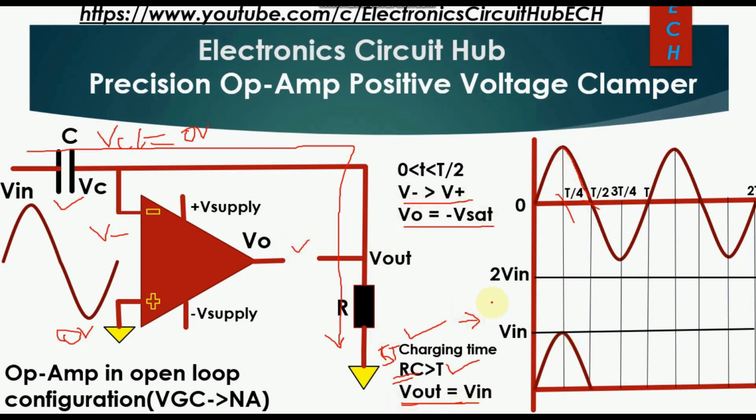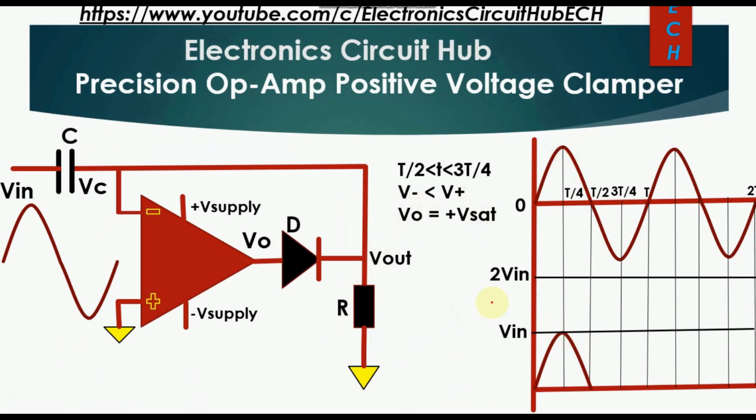Now let us move ahead and see the behavior for time t greater than T by 2, from here to here. We have seen the behavior for the positive half cycle. Let us enter the negative half cycle for the first time. When you enter the negative half cycle, at here VC equals 0 volt.